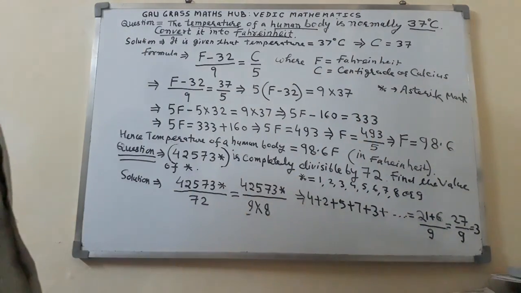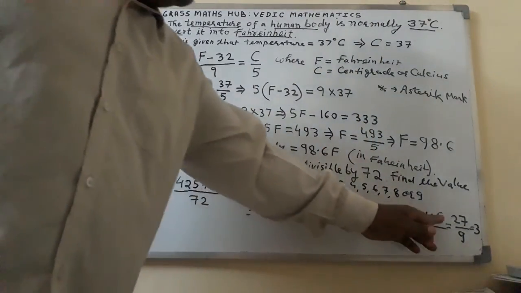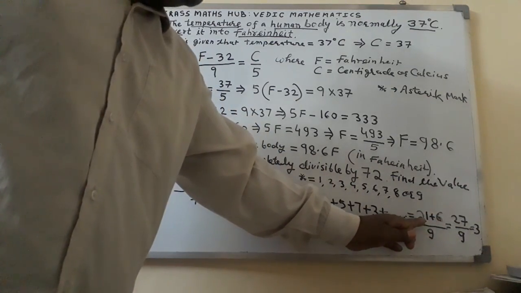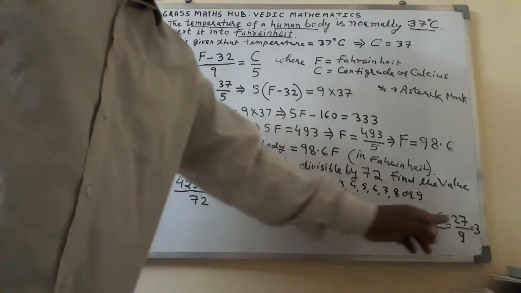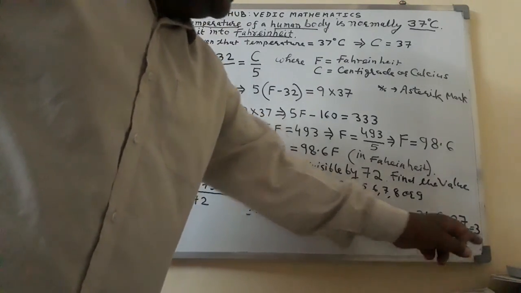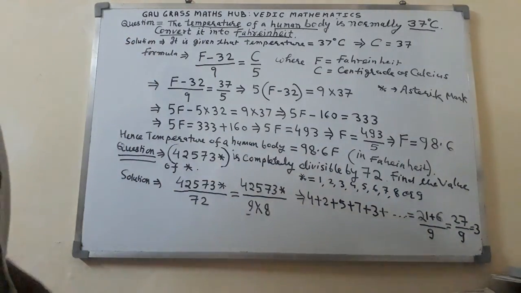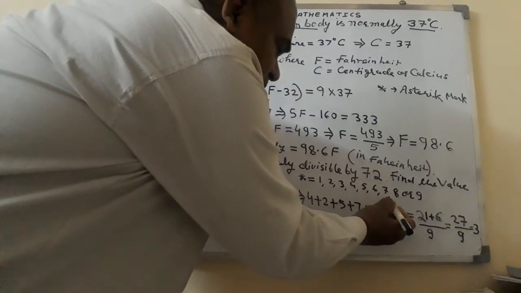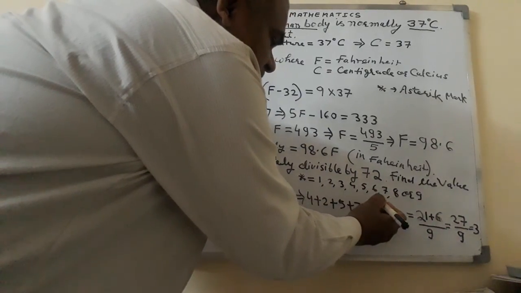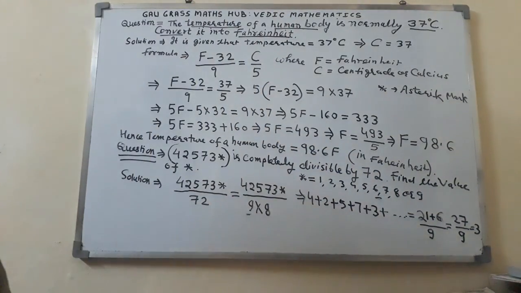So you can see, if you put 6, 6 plus 21 is 27, and 27 is completely divided by 9. So I shall put 6 here.